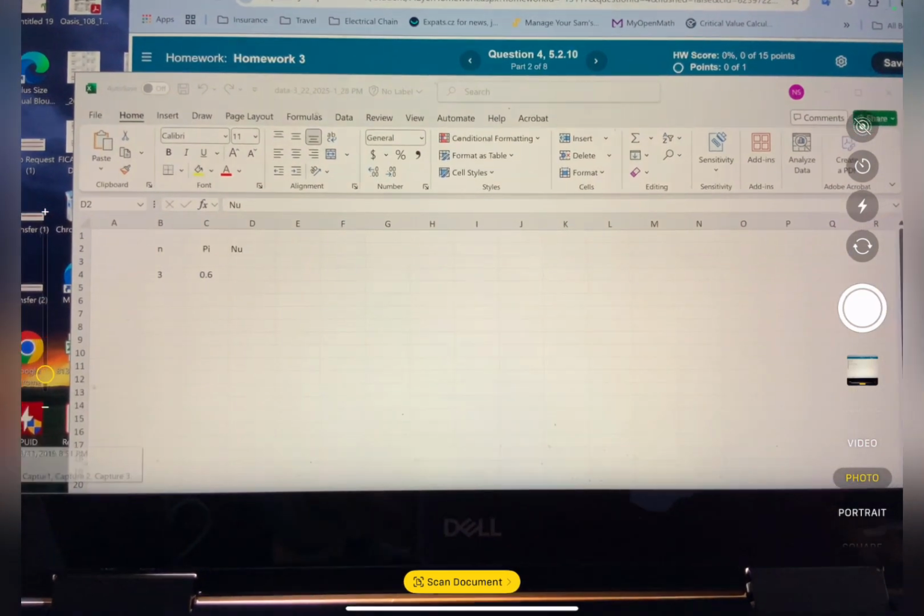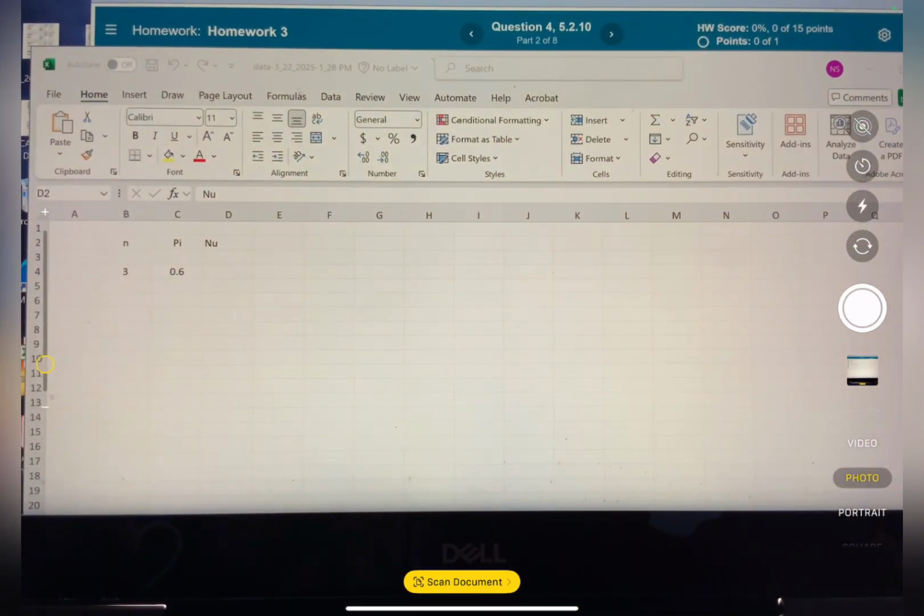Let me zoom it here. Okay, so mu is going to be equal to n times pi, right?